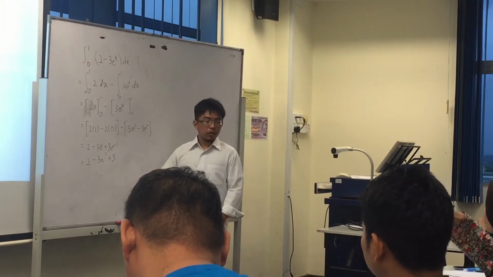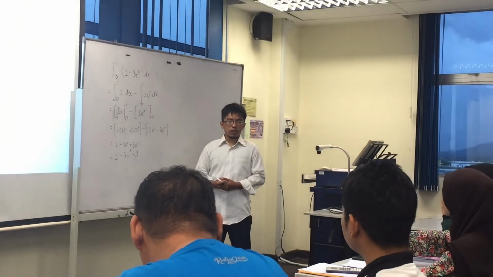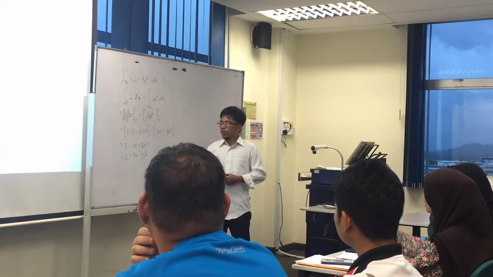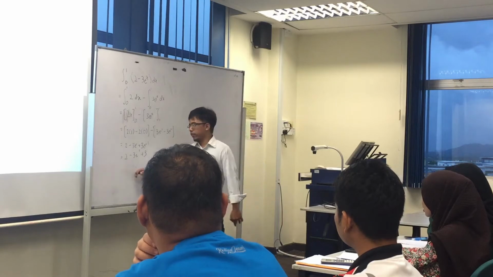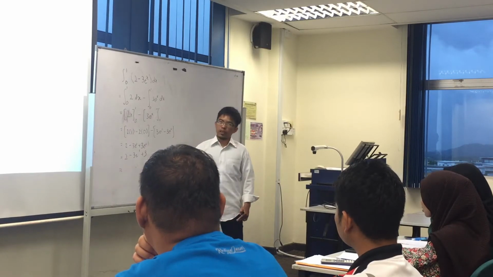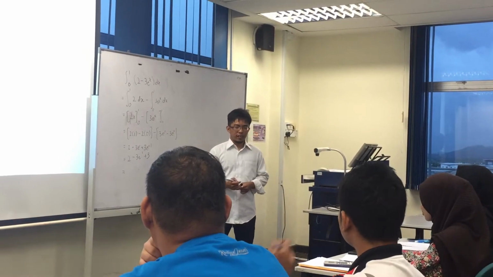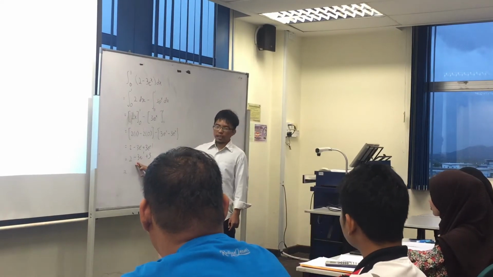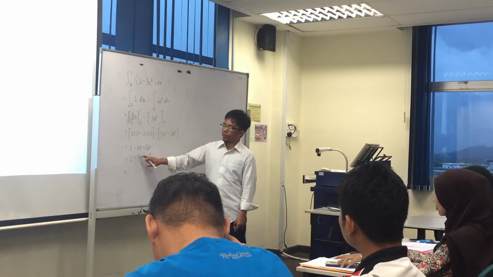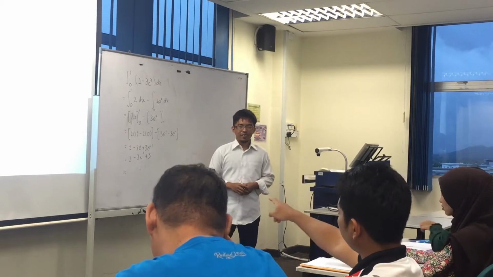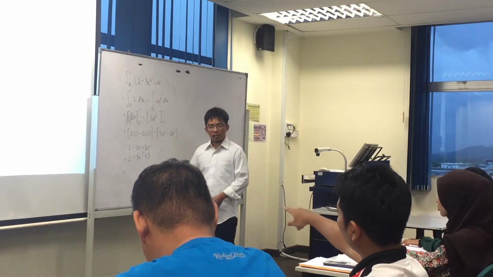So do we have to solve the answer or just leave it? Yeah, you have to solve until the final answer, even if it is in decimal. Okay. Can somebody tell me what the value is? So it will be 5 minus 3 into 1.